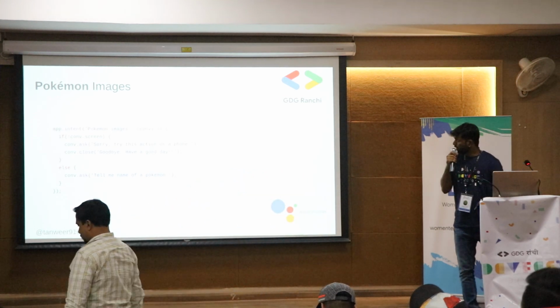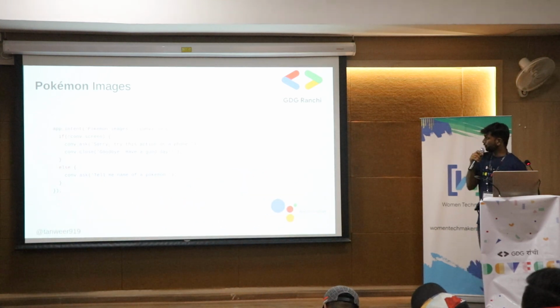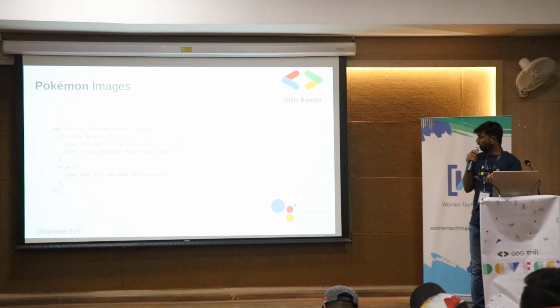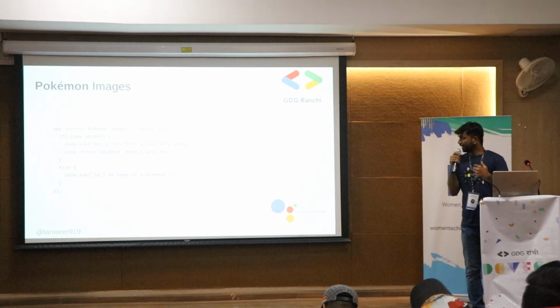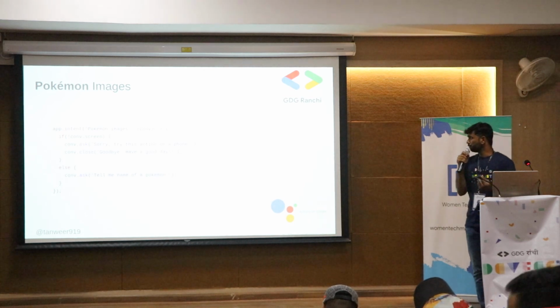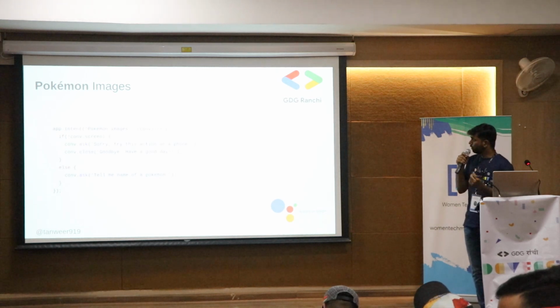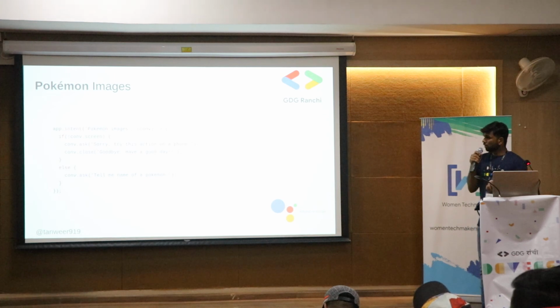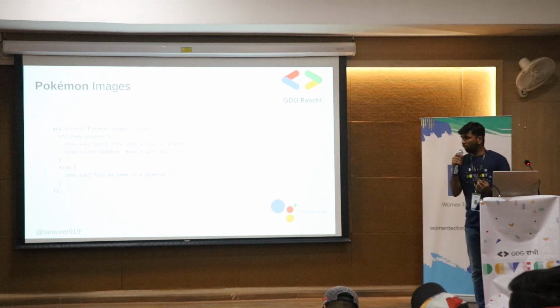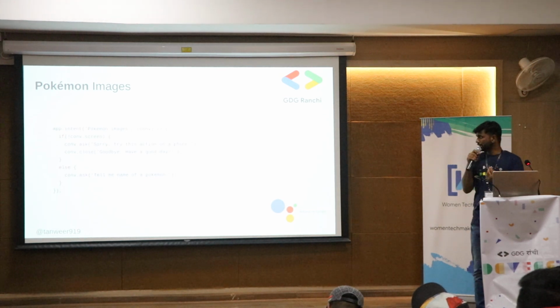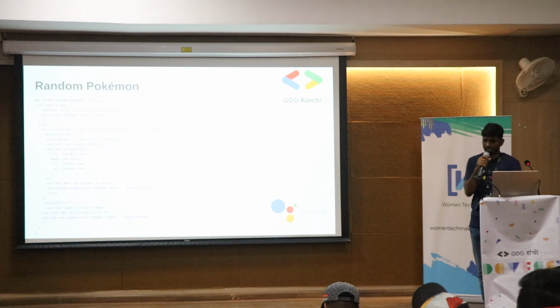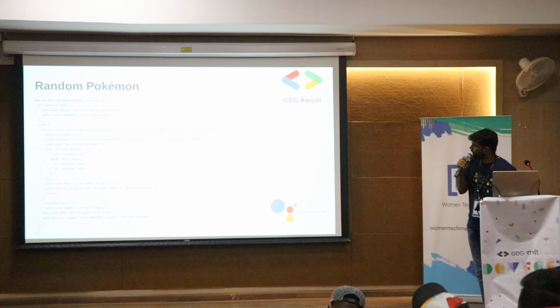Here is the code snippet for Pokemon images. I have just called the intent function to create an intent. It's pretty simple actually, and what you get as a callback is the conversation object, where all the details and data about the conversation are available. I think it's pretty hard to read.